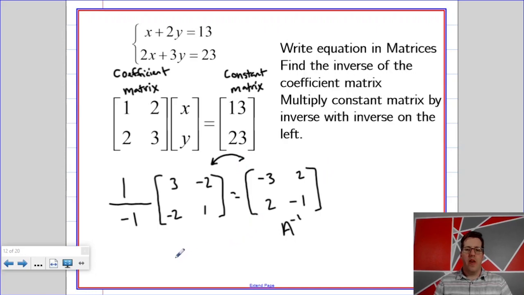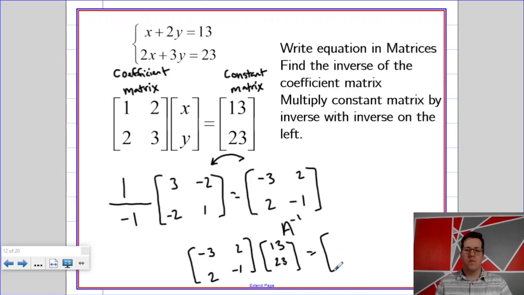Then all we have to do is take that inverse and multiply it by the constant matrix. So negative 39 plus 46, that's 7.